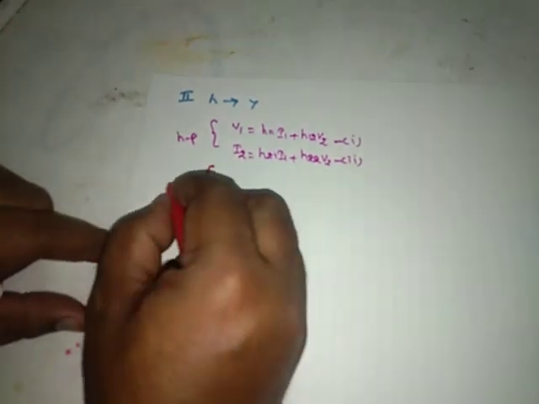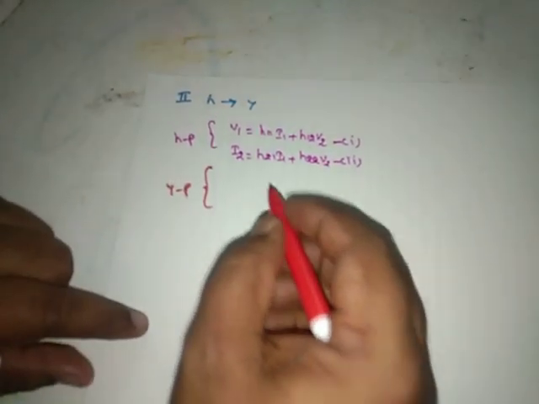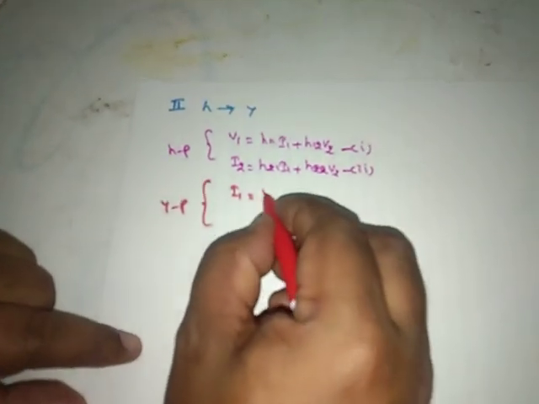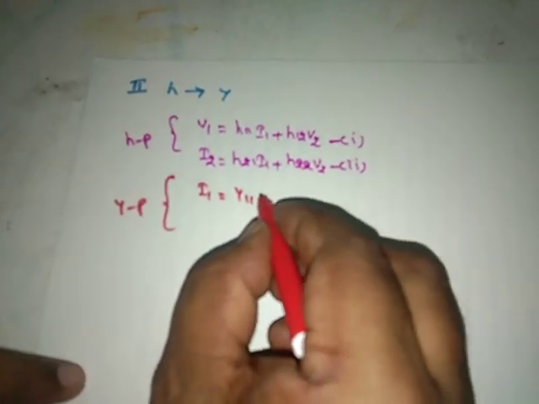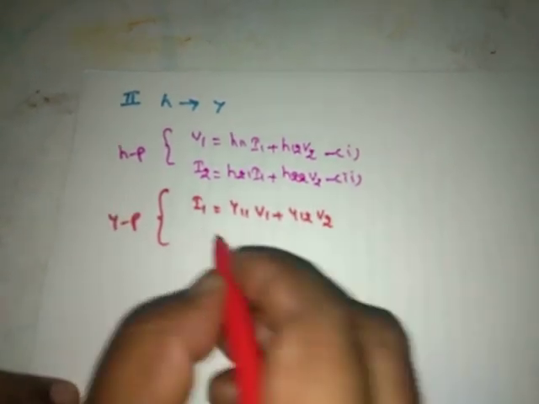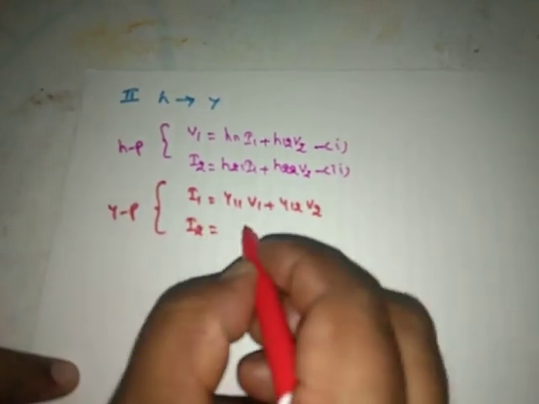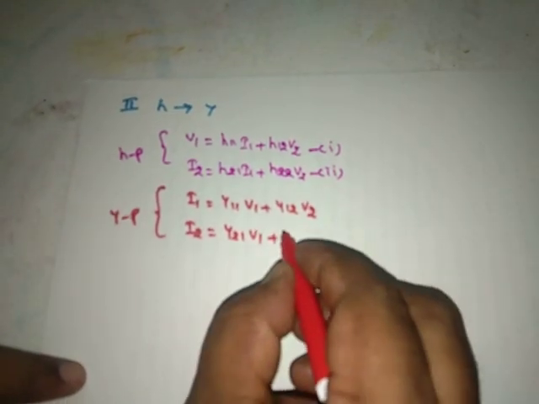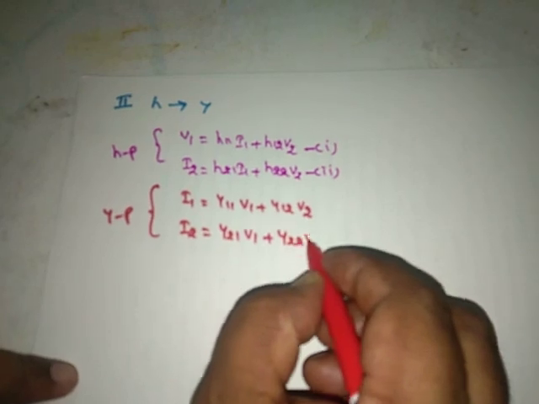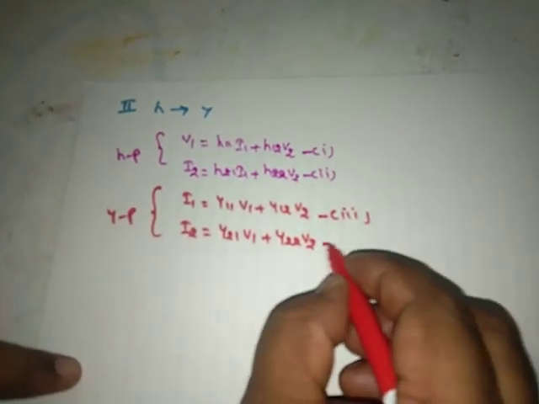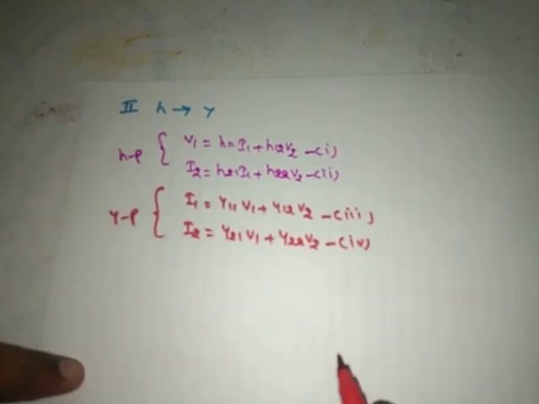Now similarly, the basic equations used in Y parameters. I1 is equal to Y11 V1 plus Y12 V2. I2 is equal to Y21 V1 plus Y22 V2. This is 3 and this is 4.